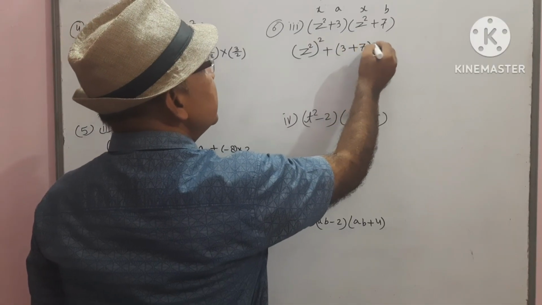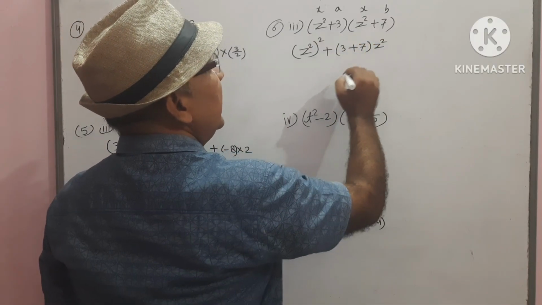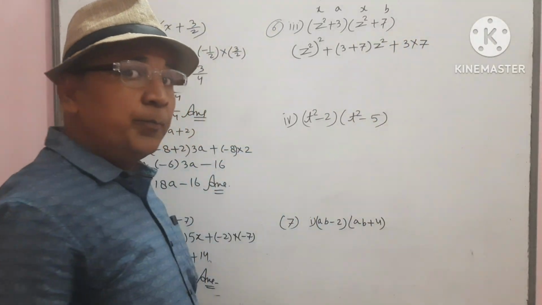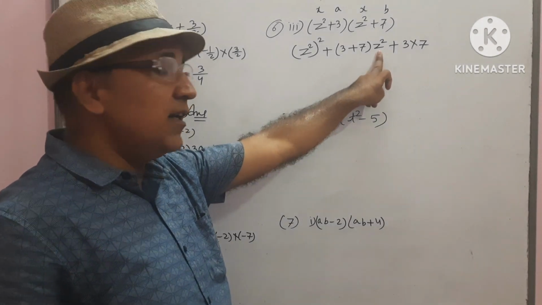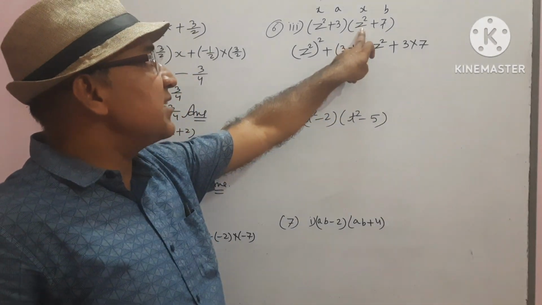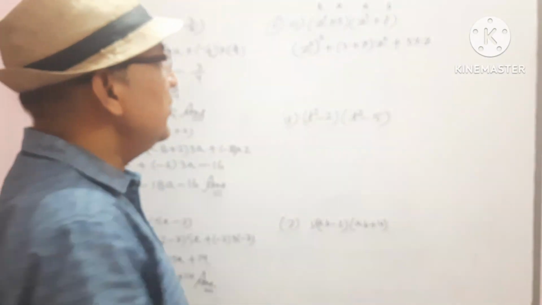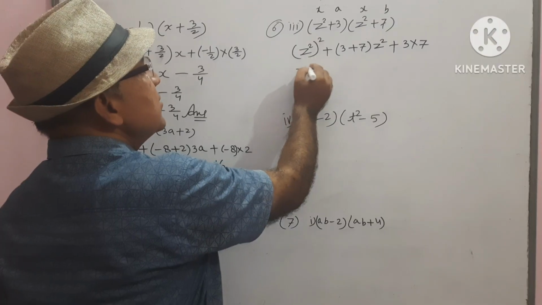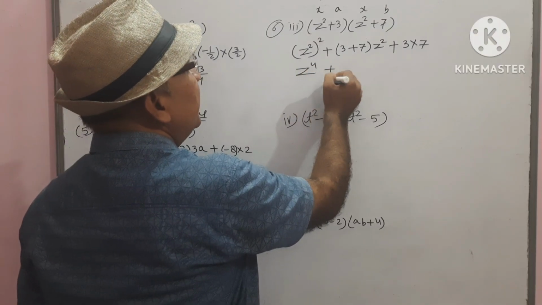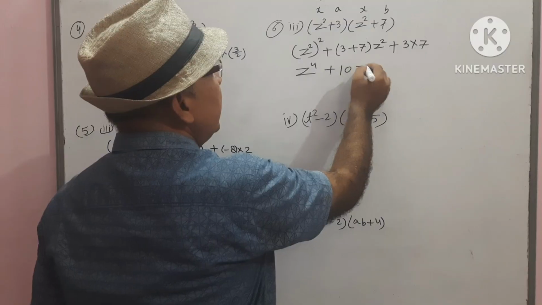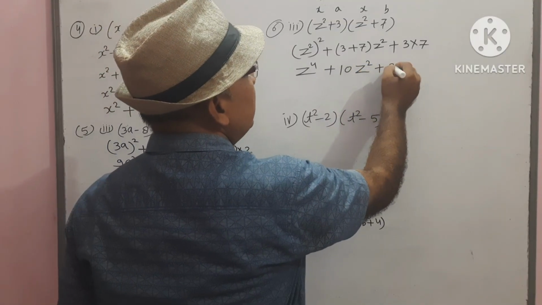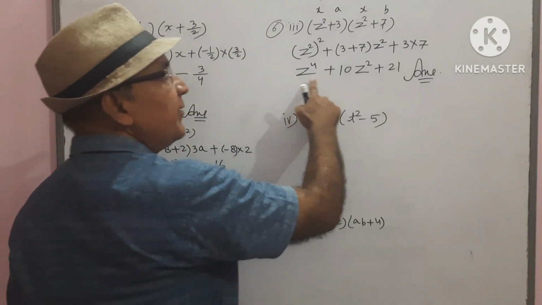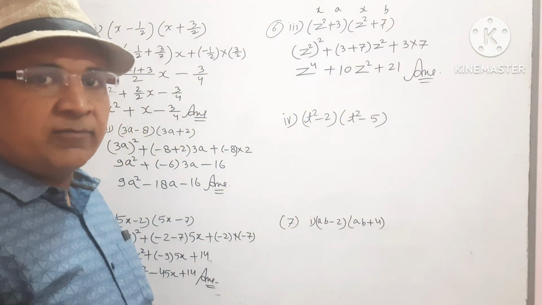So 3 plus 7 into z square plus a into b, that is 3 into 7. Be very careful. We are writing here z square because at the place of x there is z square. Now we know that exponent over exponents are multiplied. So this will become z power 4 plus 3 plus 7 is 10, then z square. 3 into 7 is 21. And this is your answer. Because every term is different, so we cannot solve it furthermore.